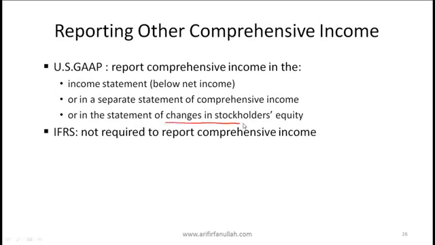According to IFRS, it is not required to report other comprehensive income. However, an analyst should be able to figure out the other comprehensive income based on the differences between equity value shown in the balance sheet versus the retained earnings that we derive from the income statement, earnings minus dividends.